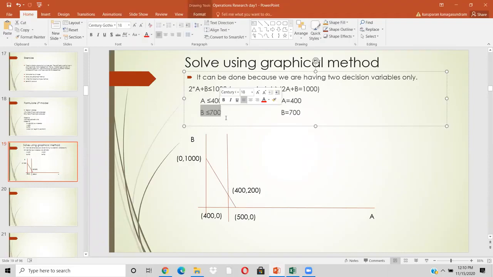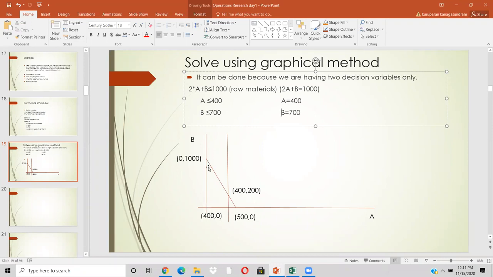Next we have to find the new feasible region, which will be to the left or right of the line. A less than 400 means A will be less than 400 in this region.